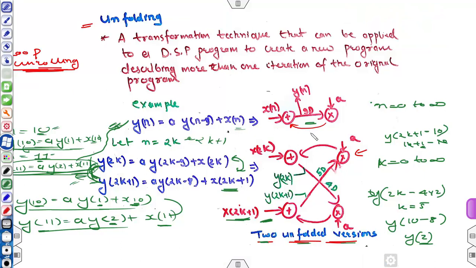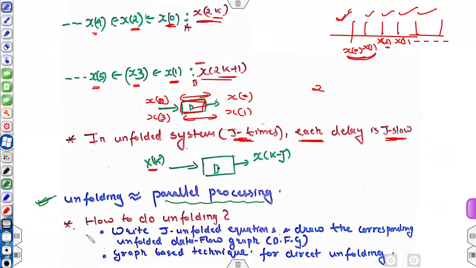Now we will see step by step how to achieve the unfolded structure from the given one. Step 1 is write J unfolded equations and draw the corresponding unfolded data flow graph.